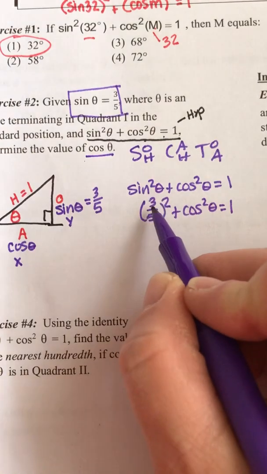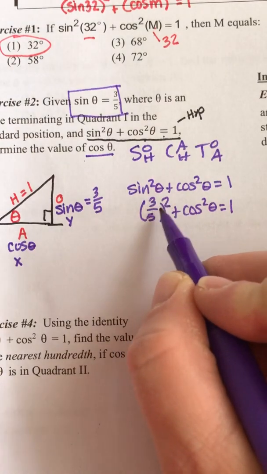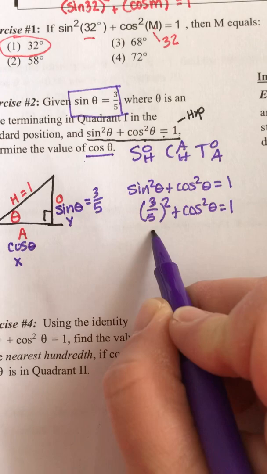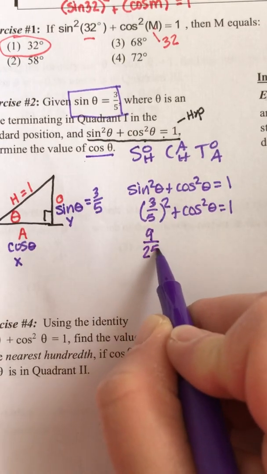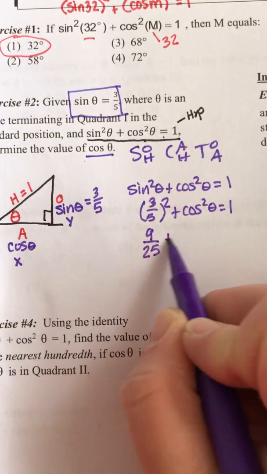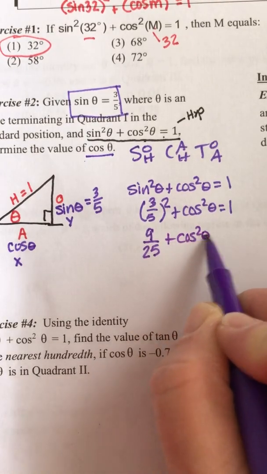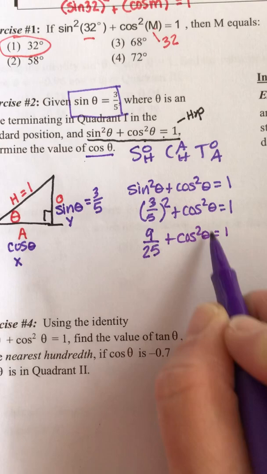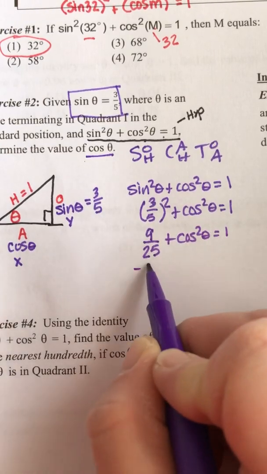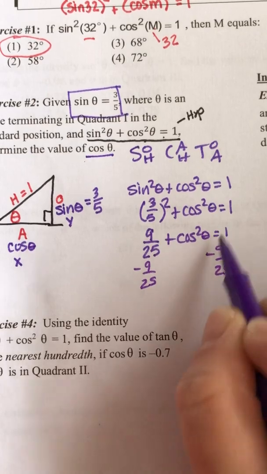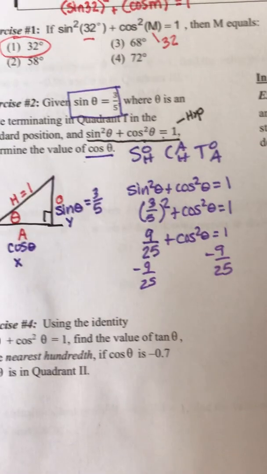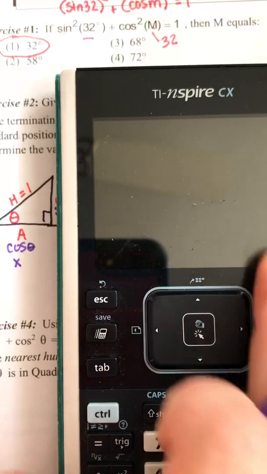When you square a fraction, you square the numerator and you square the denominator. 3 squared is 9, and 5 squared is 25. That takes care of that. Plus cosine squared equals 1. Now, to solve for cosine squared, I'm going to subtract the 9/25 on both sides. Okay, 1 minus 9/25. I'm going to let my calculator do that for me.